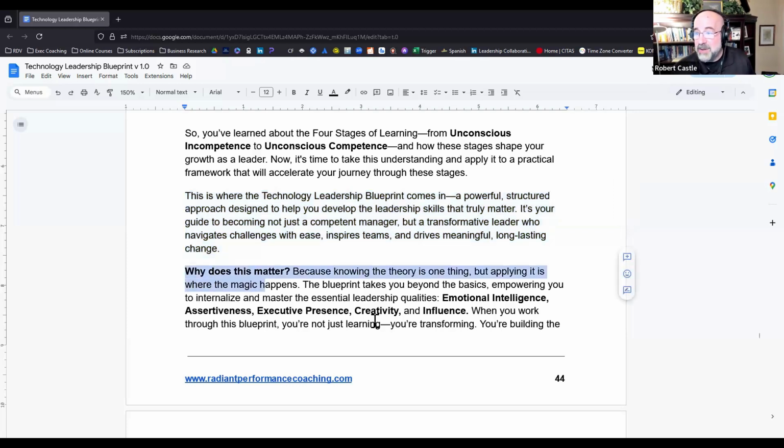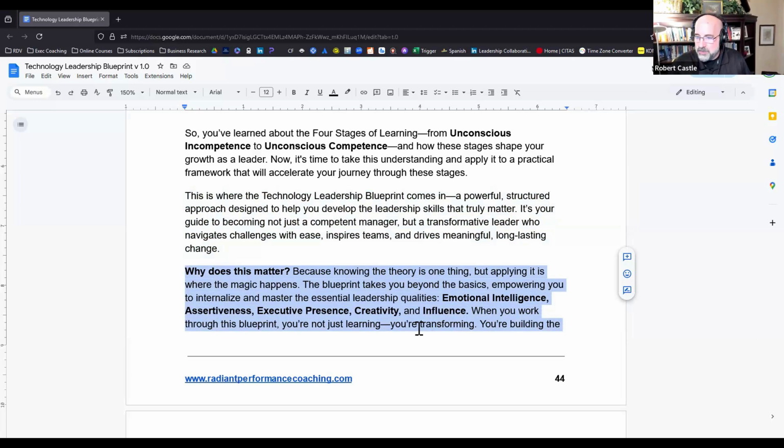Why does this matter? Because knowing theory is one thing, but applying it is where the magic happens. This blueprint takes you beyond the basics, empowering you to internalize and master the essential leadership qualities: emotional intelligence, assertiveness, executive presence, creativity, and influence.